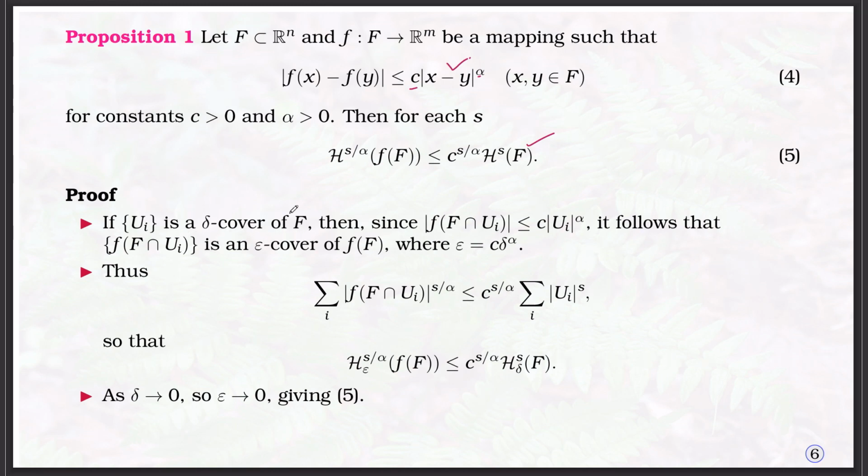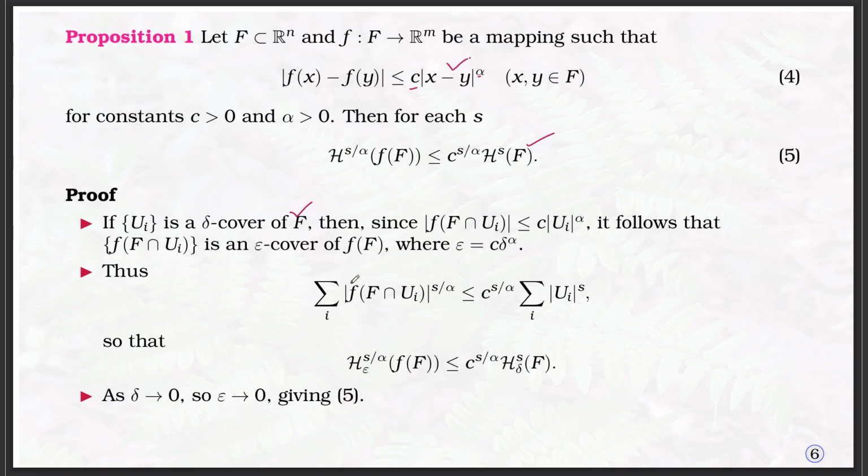If ui is a delta cover of F, then the image f of F intersection ui has diameter less than or equal to c times the diameter of ui power alpha. It follows that this cover is an epsilon cover of f of F, where epsilon is c times delta power alpha.